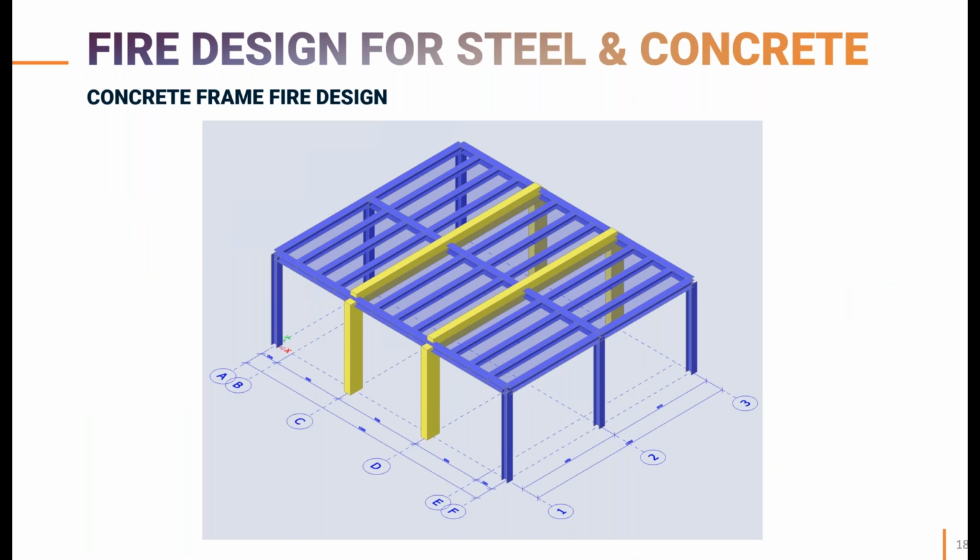So again, I will move to my global analysis software, where we will perform an advanced thermal analysis for the concrete frame displayed in yellow. And again, we will start from Checkbot.